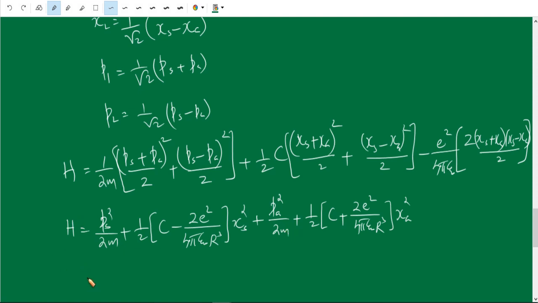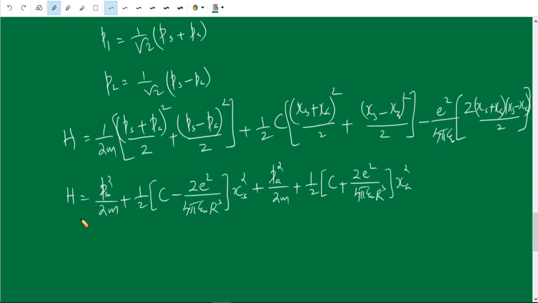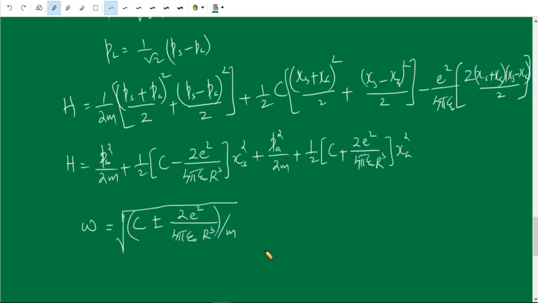We have two different frequencies for the symmetric and antisymmetric cases. Omega is equal to the root of (c plus or minus 2e square by 4 pi epsilon 0 r cube) divided by m. These are the two angular frequencies.